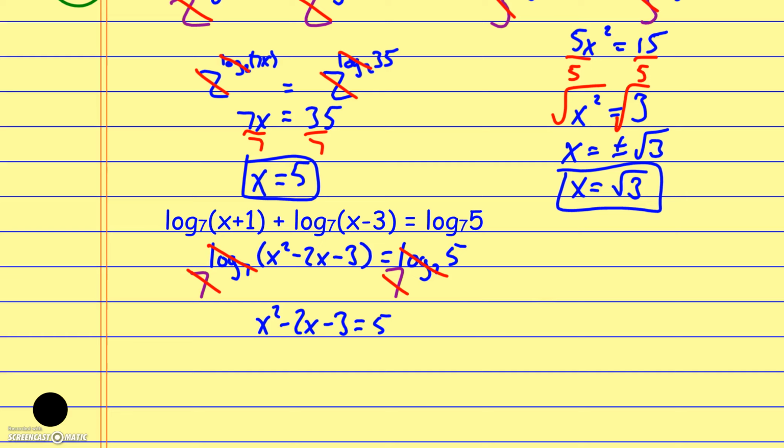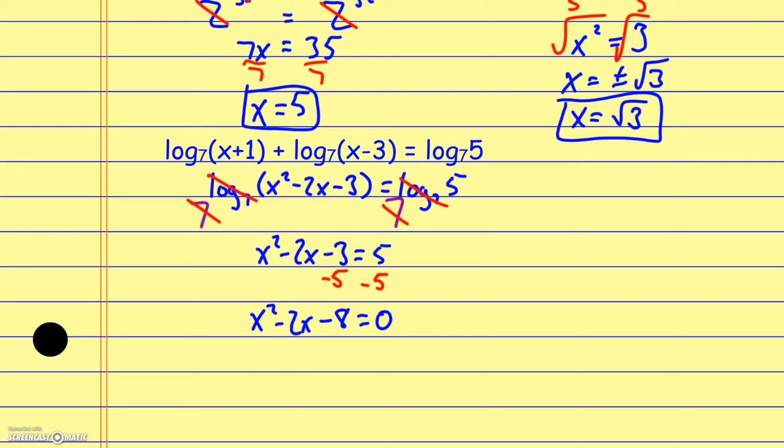In order to solve quadratics, I've got to get everything on the same side, so I'm going to subtract the 5 from each side. Now I'm going to build a bridge and solve by factoring. The two numbers are going to be x minus 4 and x plus 2. I set each factor equal to 0, and I solve each.